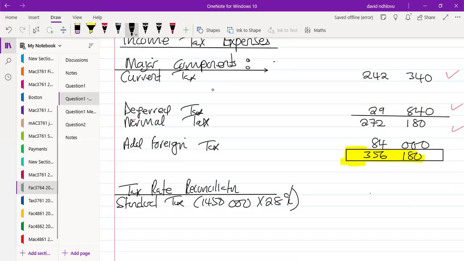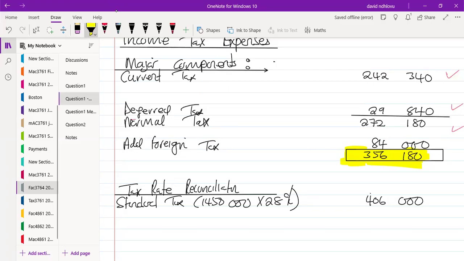So if you say 1,450,000 times 0.28, we are going to have 406,000. And now, if we did not have exempt differences and temporary differences, this would have been our tax. Why are we not having that tax? Because we have this figure here. So we need to see what the reconciling differences are. What makes our tax 356,180 instead of 406,000?